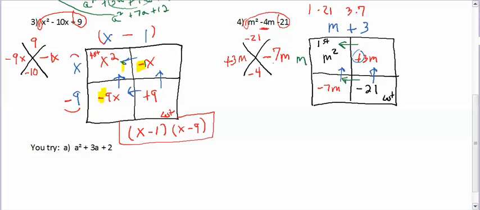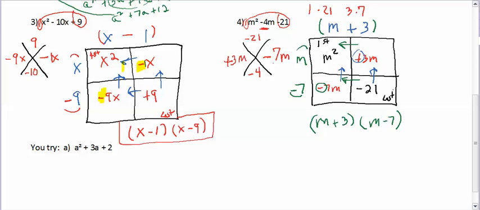And what do these two have in common? They have a 7. And remember, this sign determines what sign goes here. And so I've got my answer. My answer is m plus 3 and m minus 7.